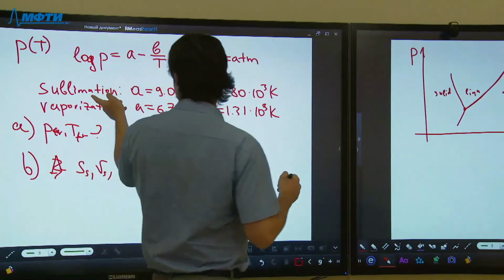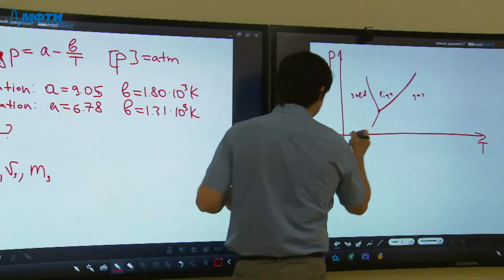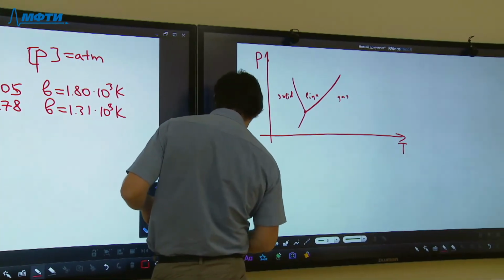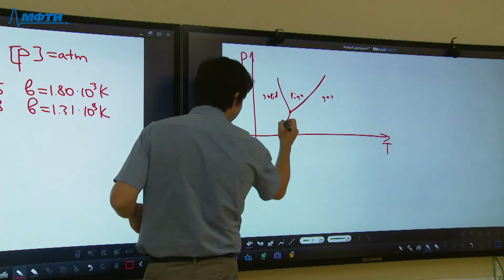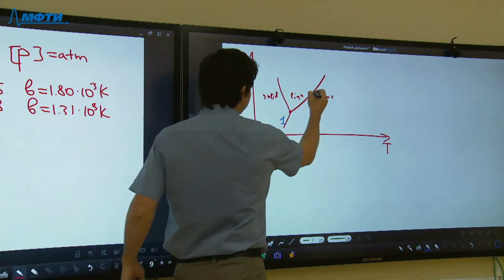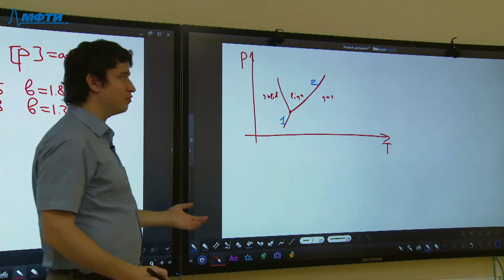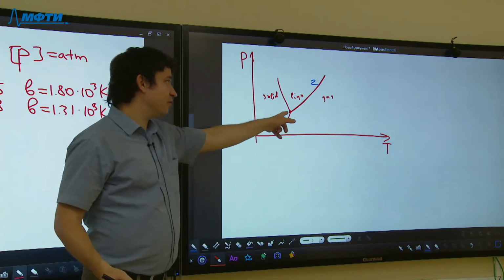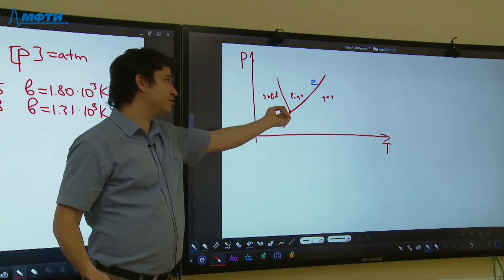The first equation gives me this curve for sublimation, and the second equation gives me this curve for vaporization. So of course, the triple point is where these two curves intersect.